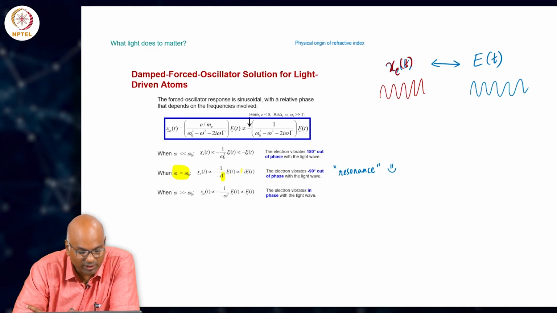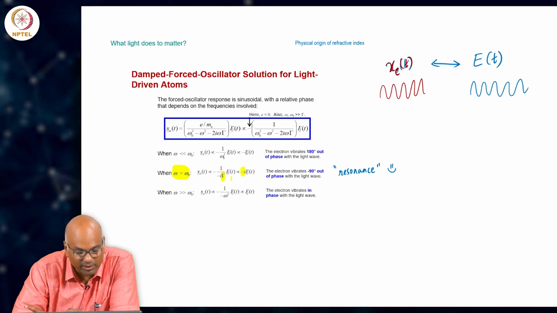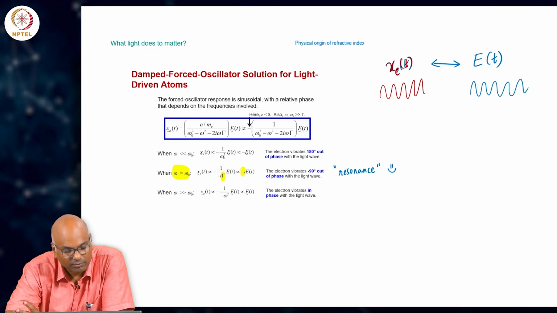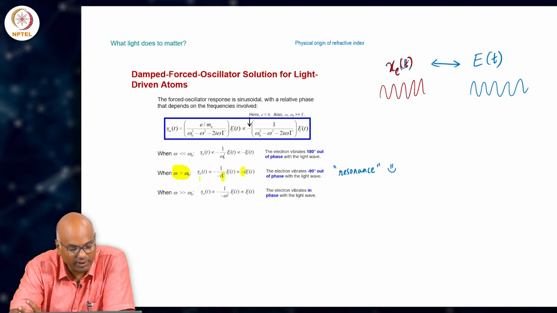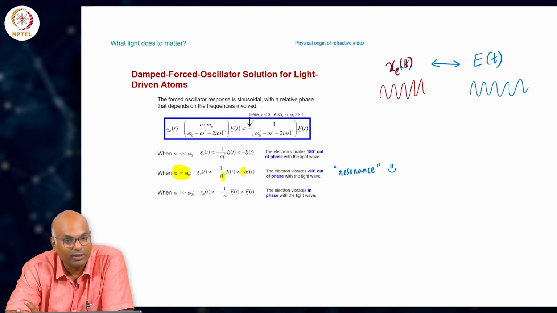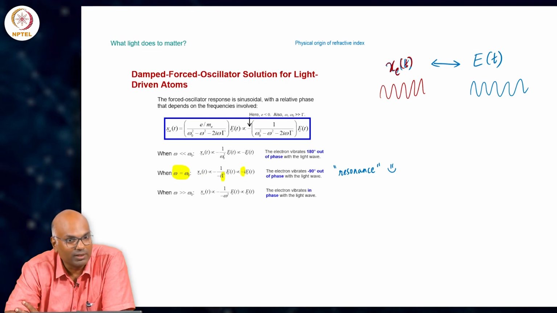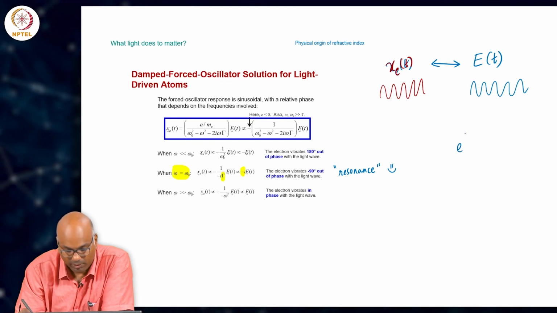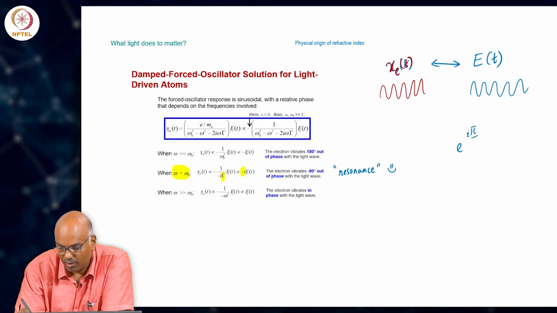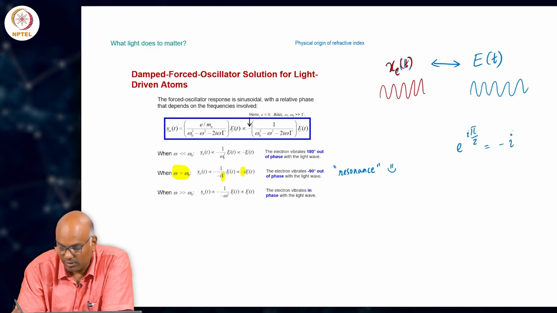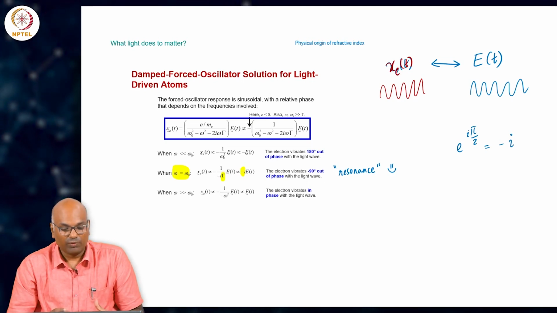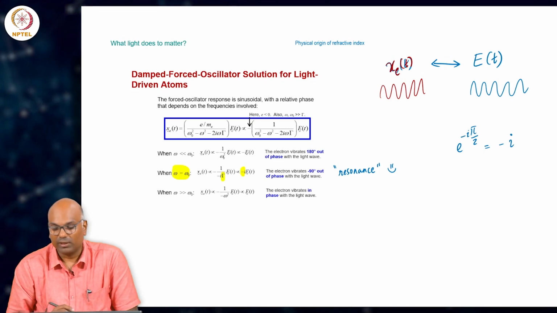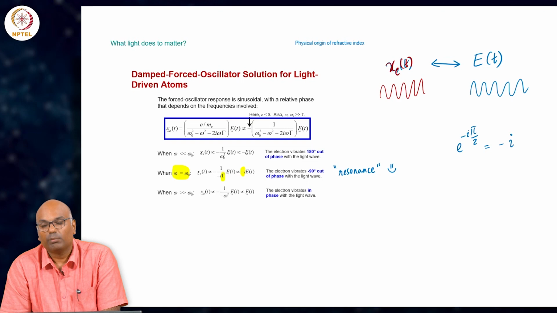However, the important factor to realize is that we have minus i multiplying the E of t. x of t is minus i times E of t, and minus i is essentially e to the power i pi over 2 is minus i. So, both of them are out of phase by, in this case, minus 90 degrees, minus i pi over 2.